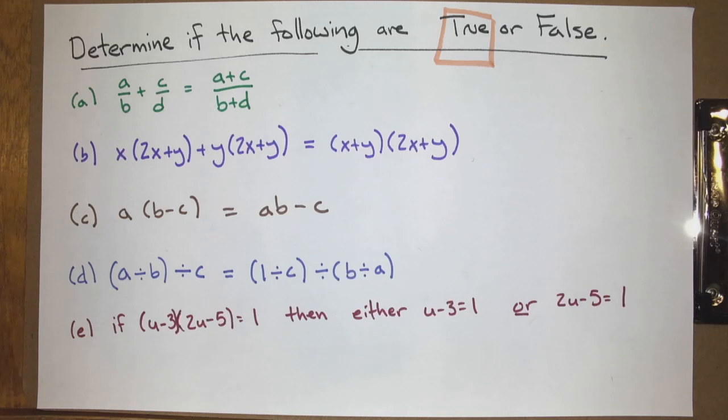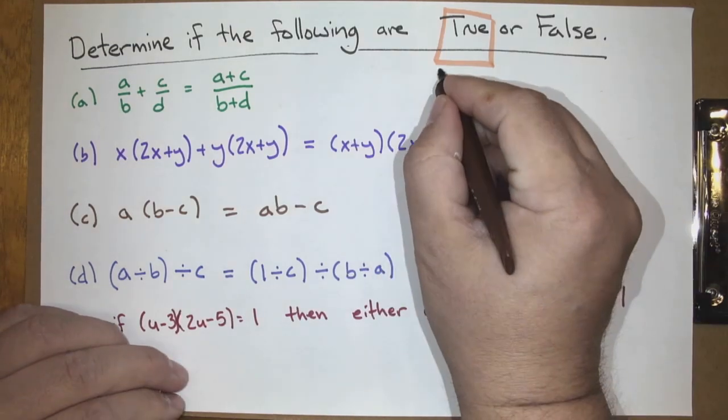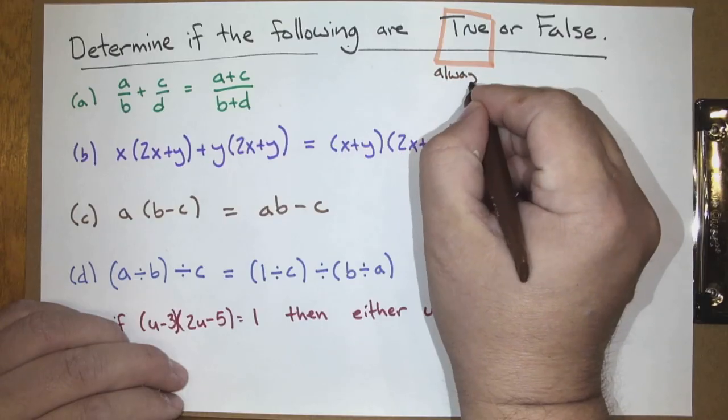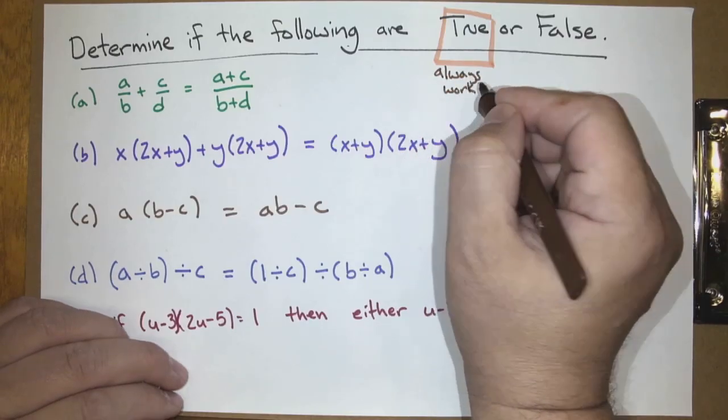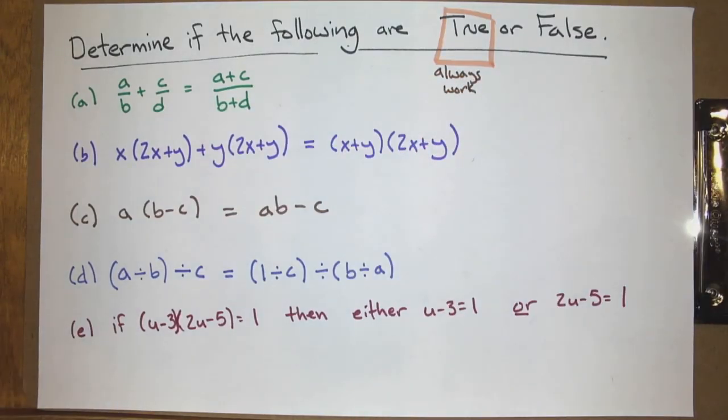Always. So when we're saying something is true, it always has to work. So in other words, if you make a general statement, say involving letters and symbols, if you substitute in something for those symbols, some set of numbers, it's going to work.